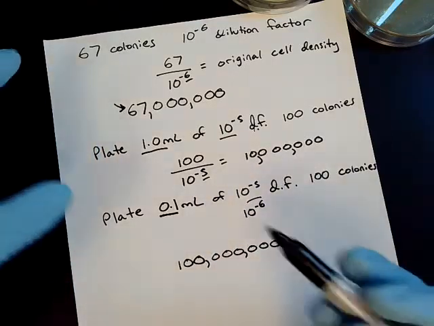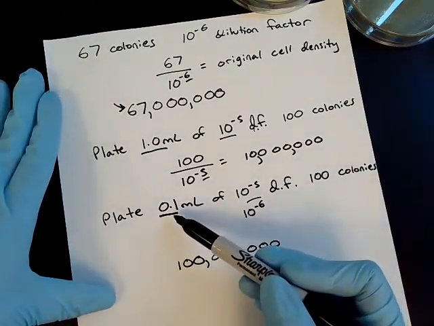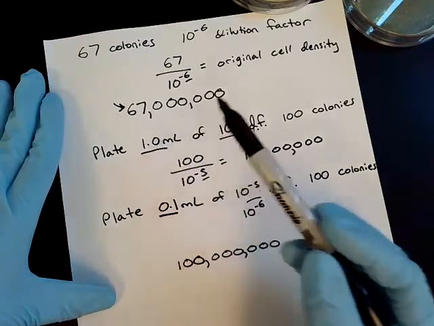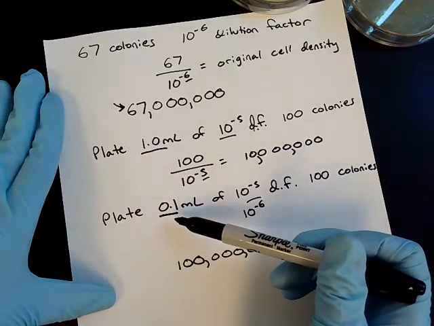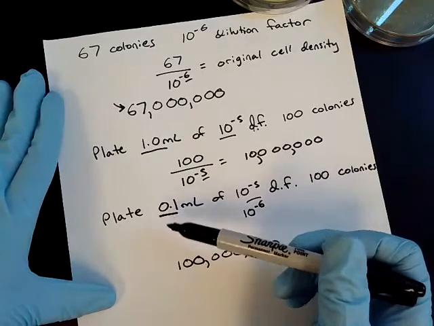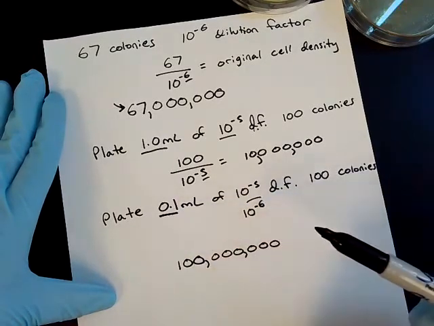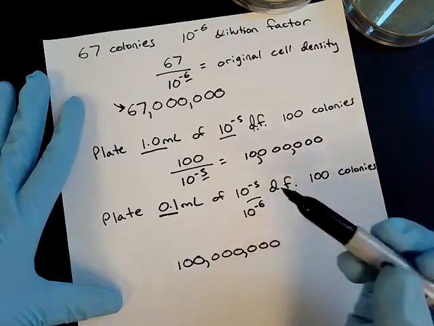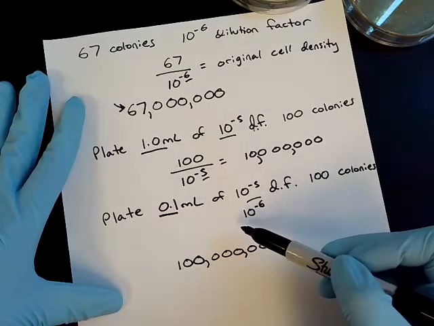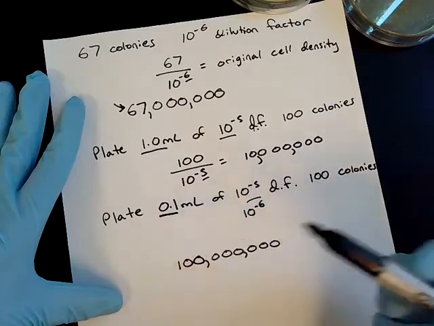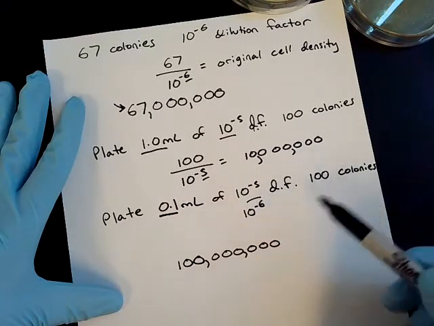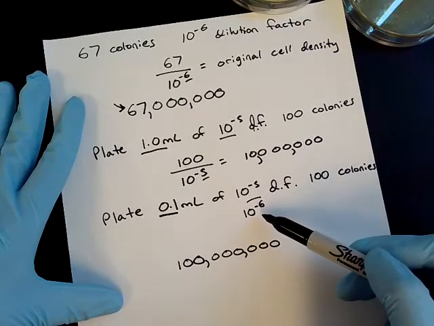Now why did we do that? Again, because we plated a fraction of a mil, we have to account for the fact that we're not plating the full mil anymore. We're only plating a tenth of a mil. When we plate a tenth of a mil, that actually bumps up the exponent, the dilution factor exponent, to the next one up. So in order to solve this one, if we're plating 0.1 mil, we would have to increase the negative 5 to negative 6, and then in the end we're going to be adding 6 zeros to it.